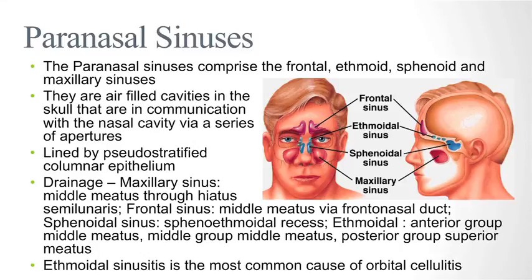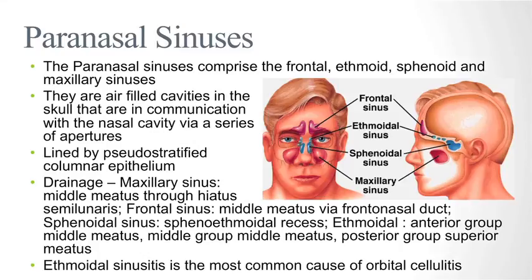They are air-filled cavities in the skull that are in communication with the nasal cavity via a series of apertures, lined by pseudostratified columnar epithelium. Drainage: maxillary sinus, middle meatus through the hiatus semilunaris; frontal sinus, middle meatus via frontonasal duct; sphenoid sinus, sphenoethmoidal recess.